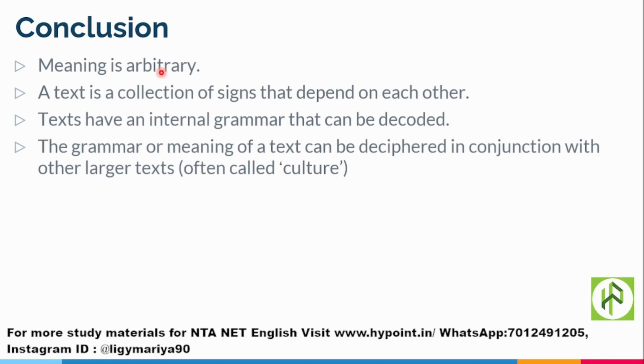The text has an internal grammar that can be decoded. So what does it mean that a text has an internal grammar? There is a structure going on. Not only one structure, there will be several structures going on, and they can be decoded and understood. The grammar or meaning of a text can be deciphered in conjunction with other larger texts, often called culture. See how you are going to understand the grammar or meaning of the text. It's not that you look at the signs inside the text and decipher the meaning from them alone.